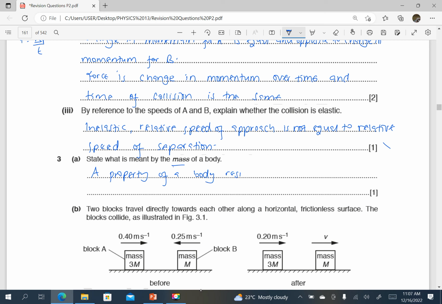A property of a body resisting change in motion, that is mass, or you can define it as a quantity of matter in a substance.